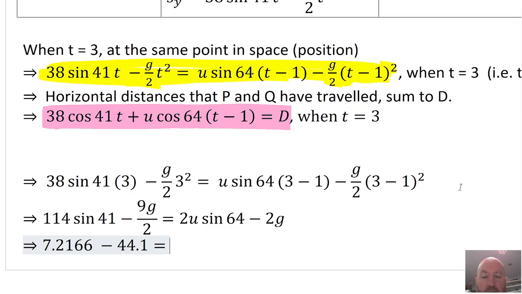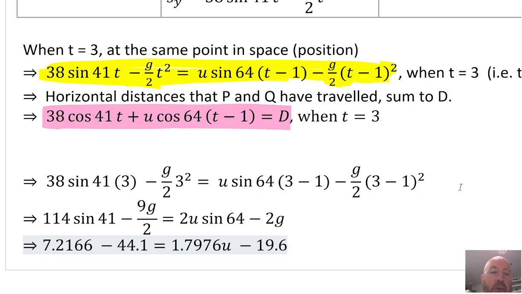Then sin 64 times 2 is 1.79758 u minus 19.6, which is 2g.